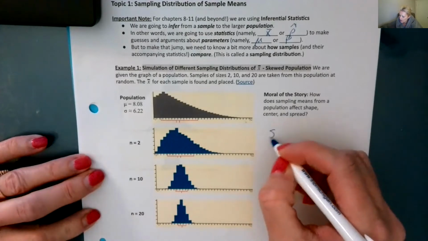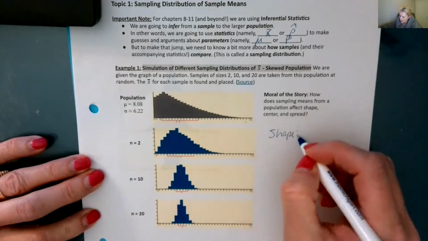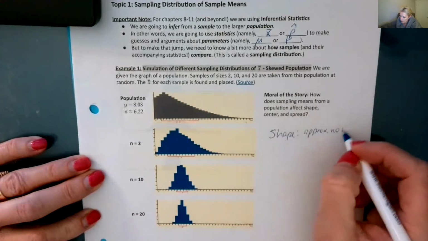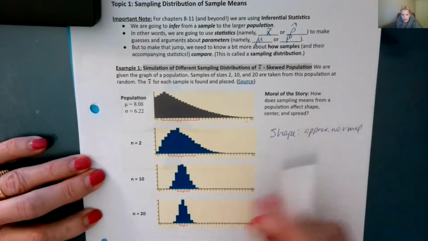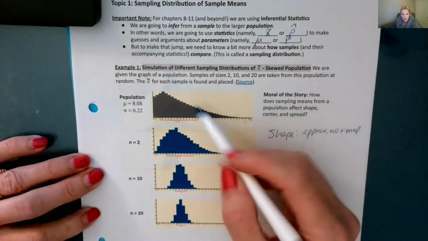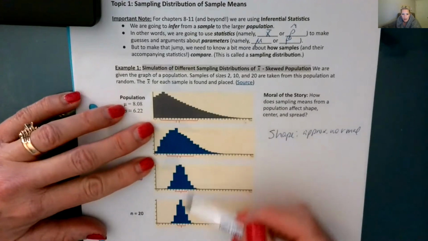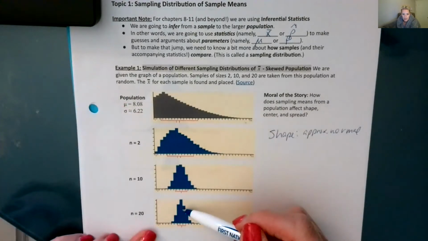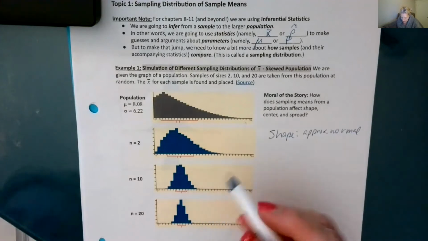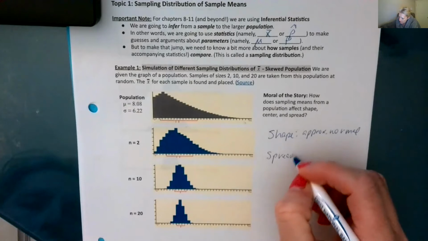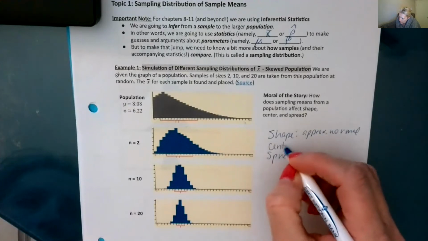The shape will become approximately normal. You can see that even if the population comes from a skewed distribution, our sampling distribution becomes normal. First let's talk about our center.